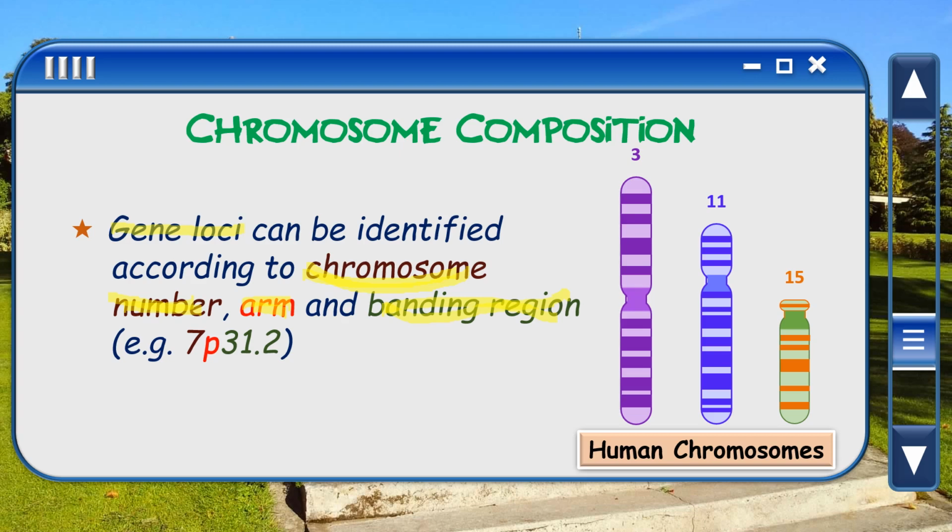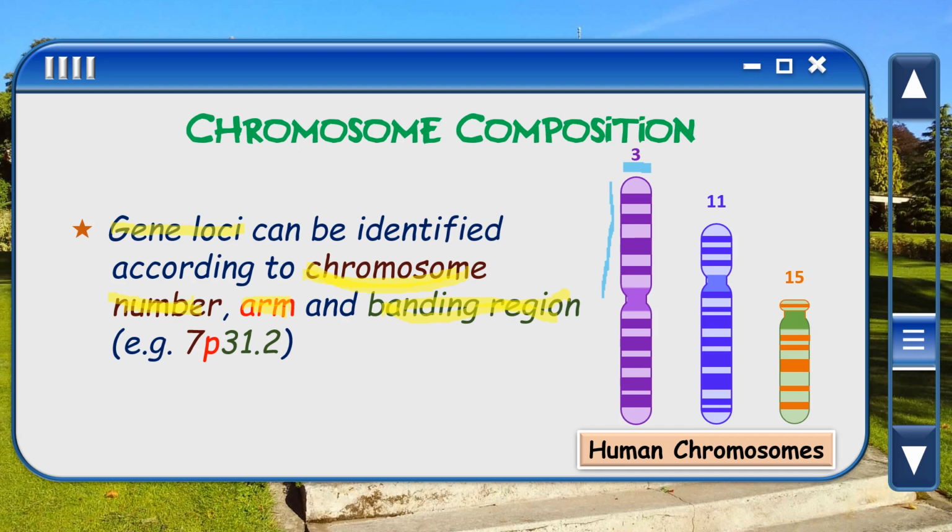For example, chromosome 3. This is now the chromosome number. The arm, we are looking at the P arm. This one up here is the P arm. And then you are looking at the banding region 31.3.